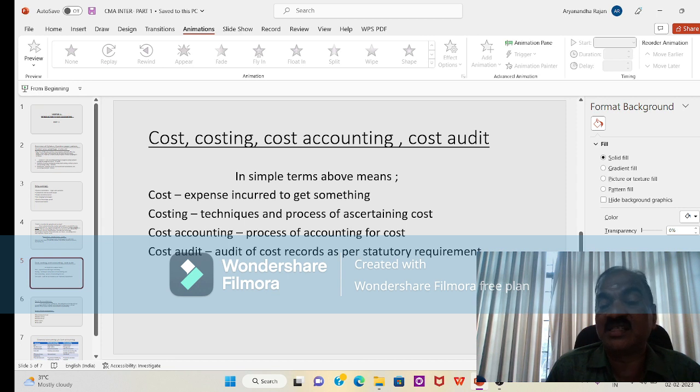Cost audit is ordered for certain types of organizations by the central government annually or once in two years. Other organizations also maintain cost audit for internal purposes and decision making. That is about cost, costing, and cost audit.